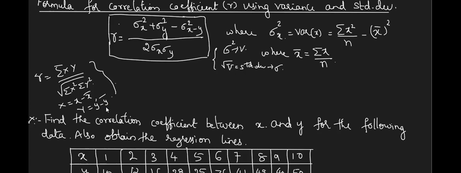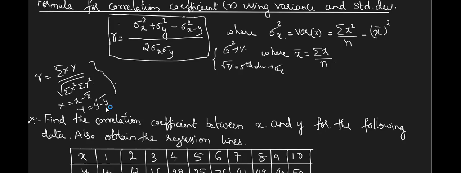Sigma square is variance, and the root of variance is the standard deviation, so the root of sigma square x is sigma x. So the numerator is in terms of variance and the denominator is in terms of standard deviation. That is what the formula is.